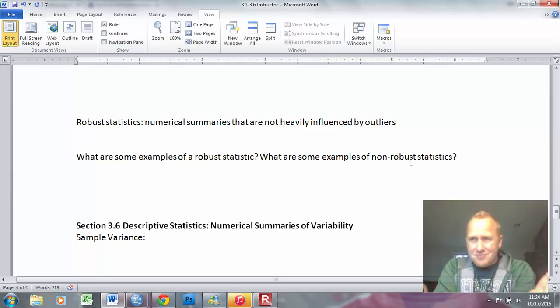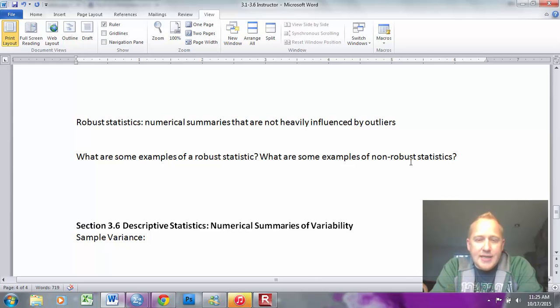So if you think about if we had Yao Ming, if you don't know who Yao Ming is, he's a 7'5" Chinese basketball player from like 10 years ago. If he was in our class, he would be considered an outlier for height. A robust statistic is a numerical summary that doesn't really care exactly how tall Yao Ming is.